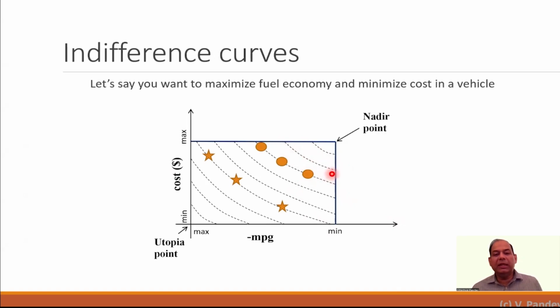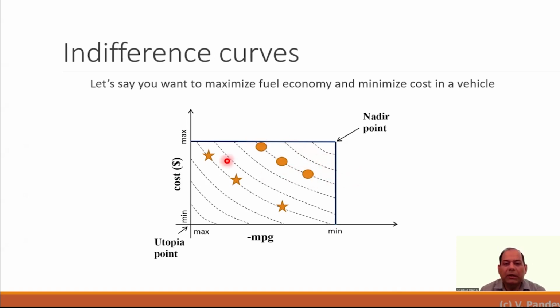This is saying that as you move left to right, or right to left on this curve, cost and MPG are constantly changing. But the change in one attribute is just enough to compensate for the change in the other attribute. It means one gets worse and the other gets better at precisely the rate that you stay indifferent. So we call them indifference curves.